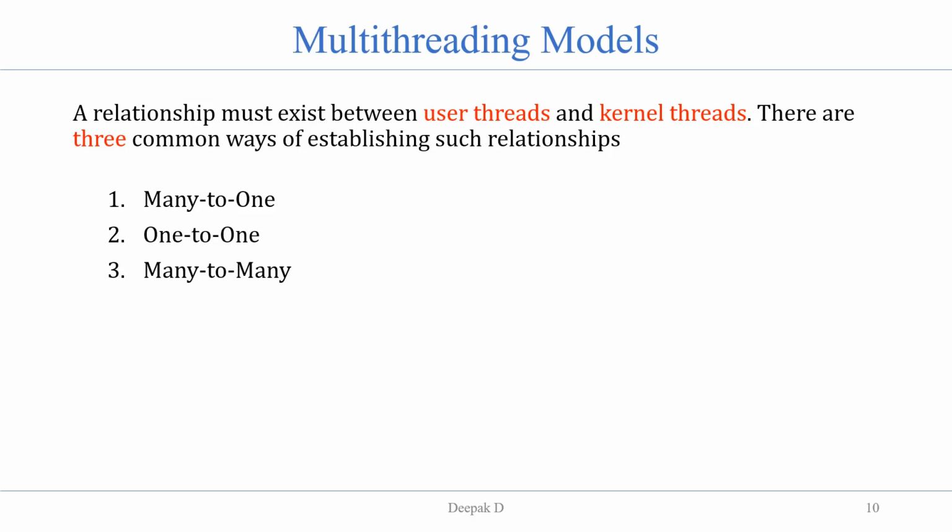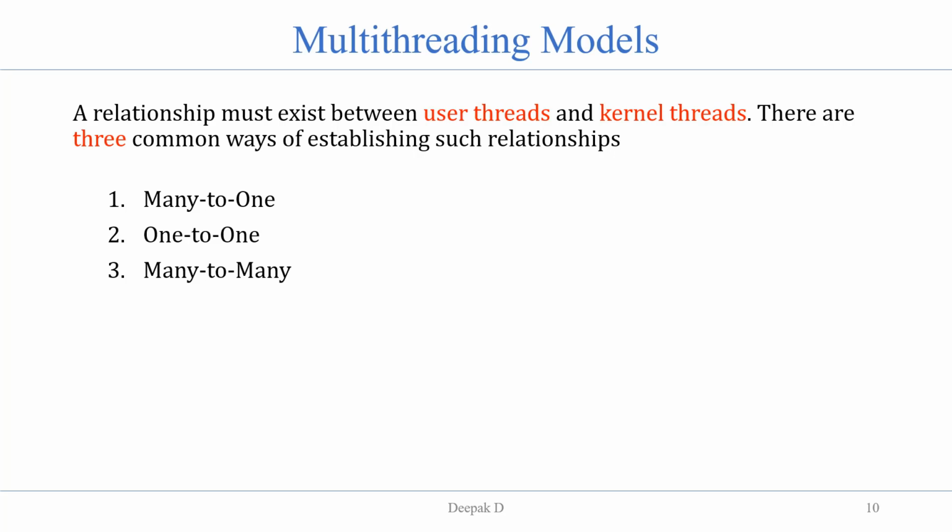So as you know, there are 2 types of threads. One is user threads, which are supported at the user level, and the other is kernel threads, which are supported by the kernel. Now there must be a relationship between user threads and kernel threads.